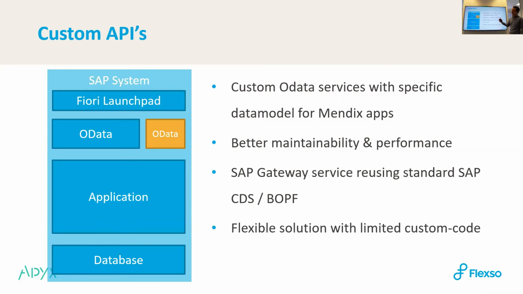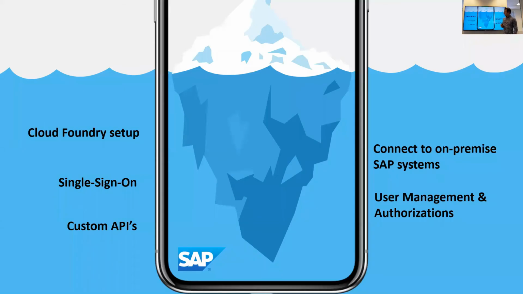So here we have a flexible solution allowing to have custom APIs, but not having to change our digital core, and thus keeping the upgrades hassle-free. Okay, so this is the foundation that we will implement and configure in our package, which you can use to deploy Mendix applications on.